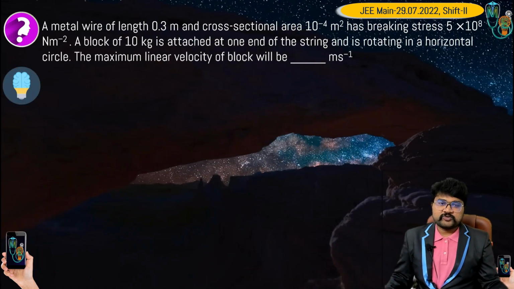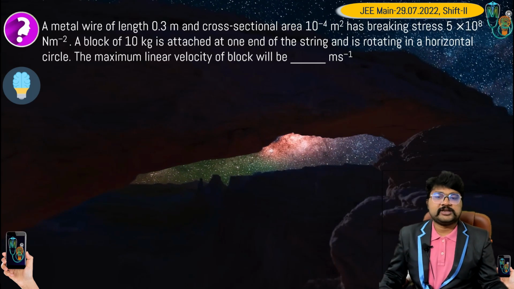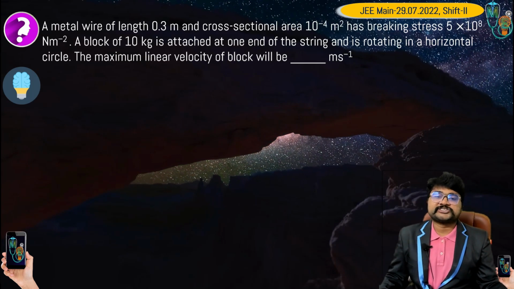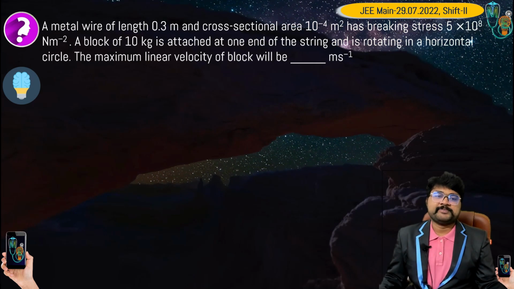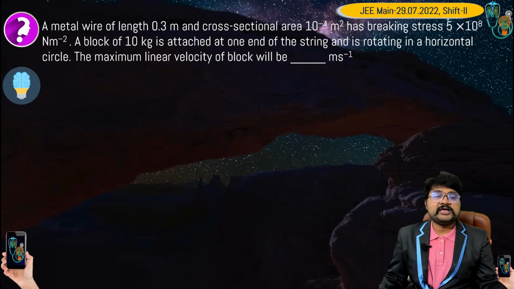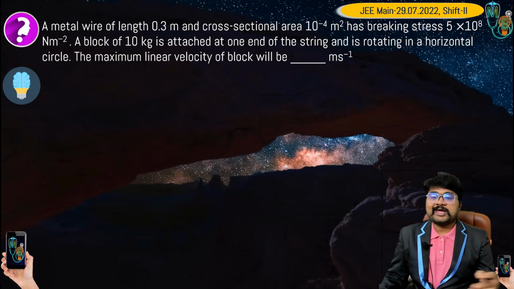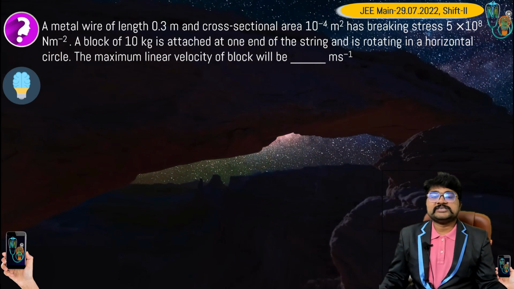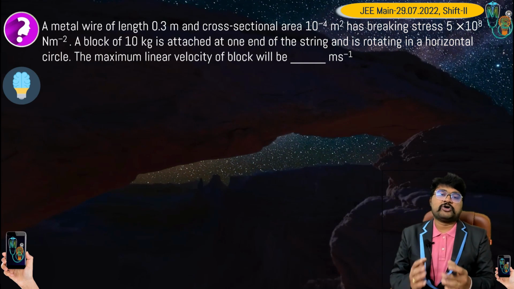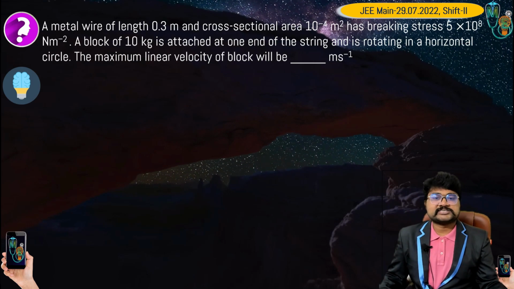Read the question carefully. A metal wire of length 0.3 meter and cross-sectional area 10 power minus 4 meter square has breaking stress 5 into 10 power 8 Newton per meter square. A block of mass M, 10 kg, is attached at one end of the string and it is rotating in a horizontal circle.